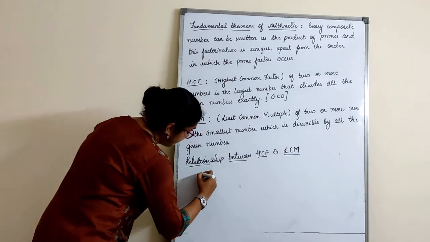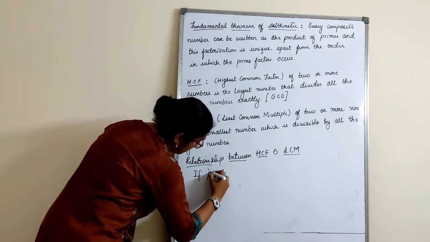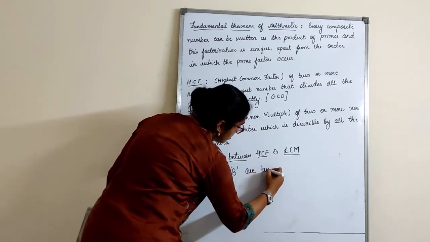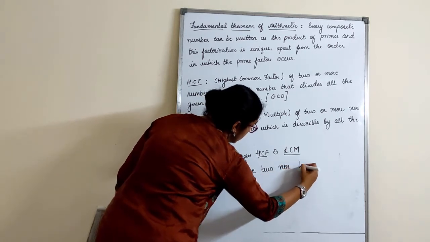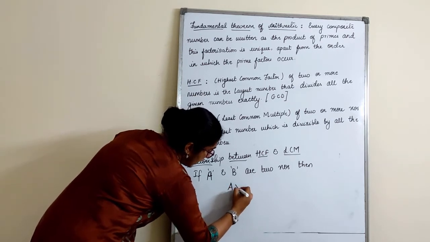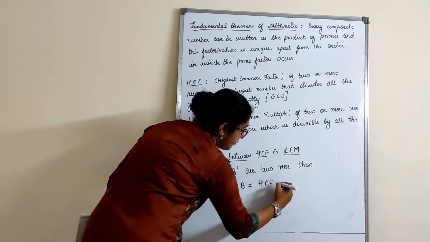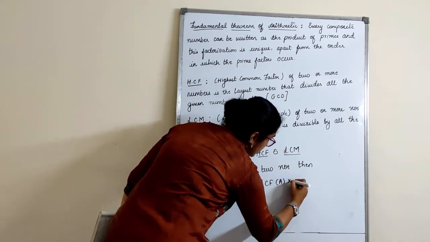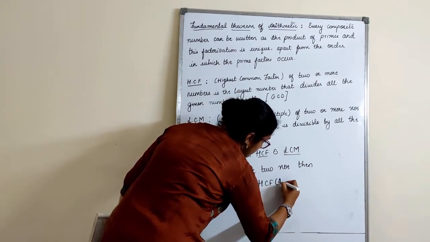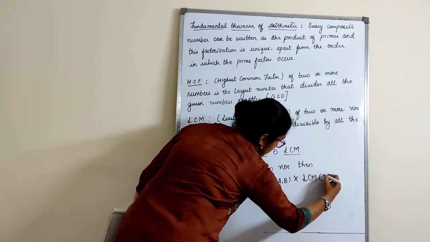Suppose A and B are two numbers, then we can say that A into B is equal to HCF of AB into LCM of AB.